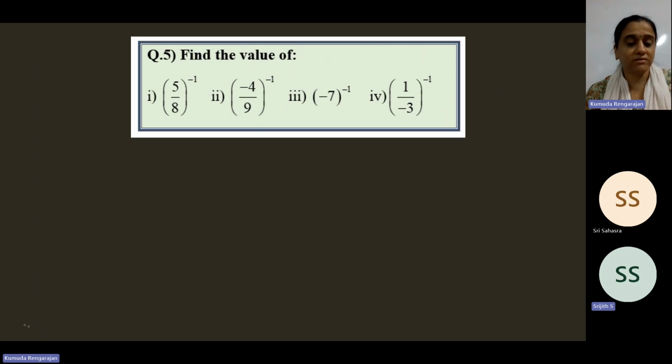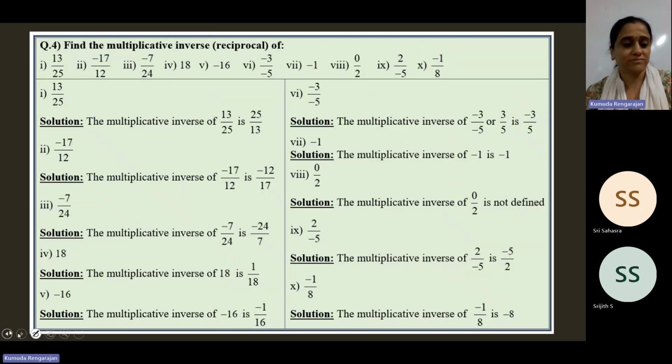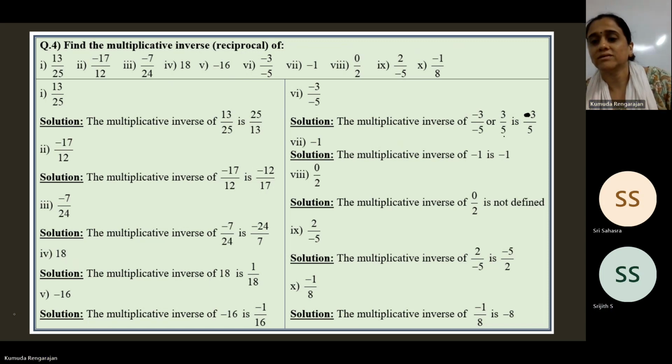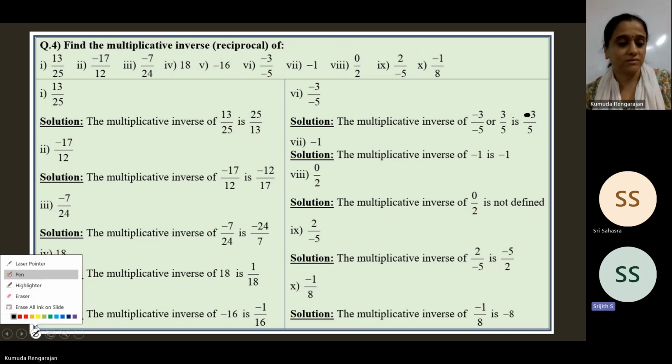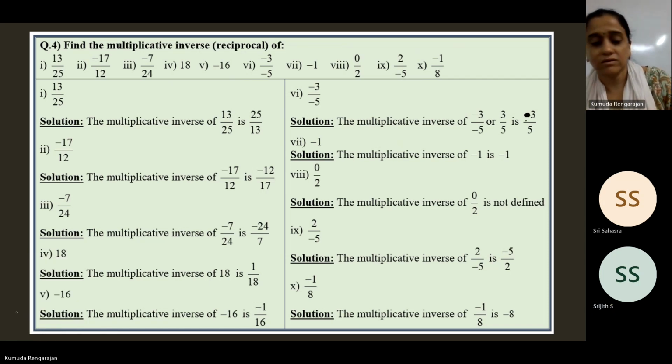This is a mistake. Typing error, you should excuse me for that. This answer is 5 by 3.